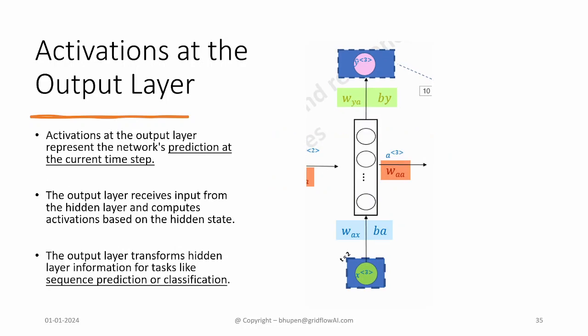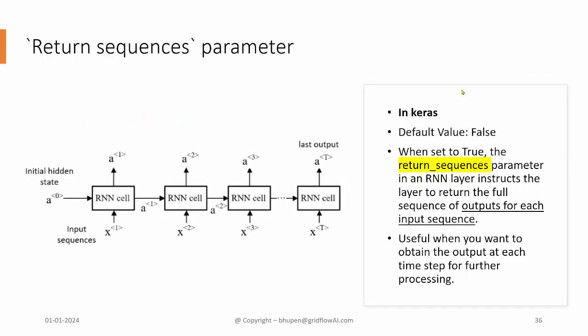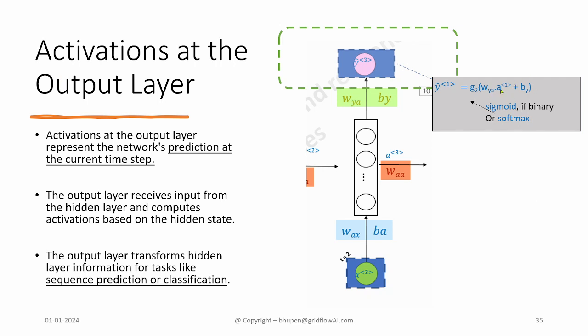Now, the activations at the output layer, this is also one of the features of RNN, and the output activations that we get follow these calculations. Let me go back one step here. Yeah, so this is again the activation from the current layer, multiplied by the weights, plus the biases.